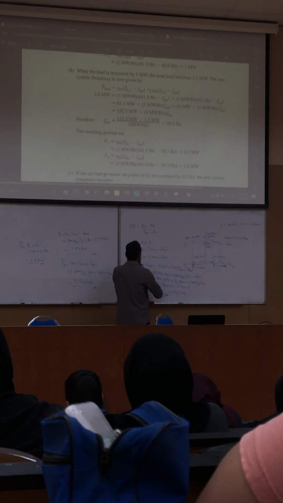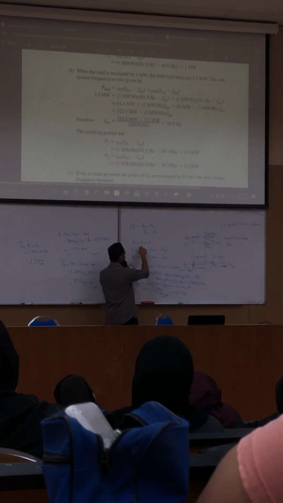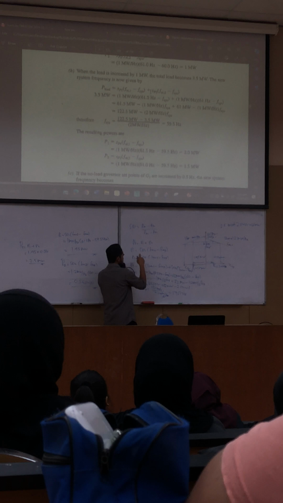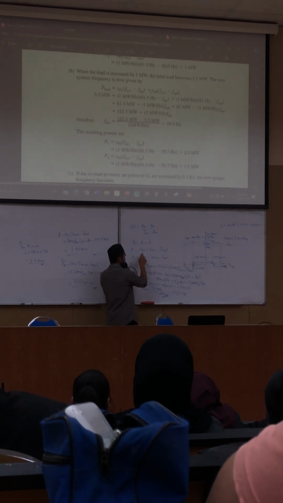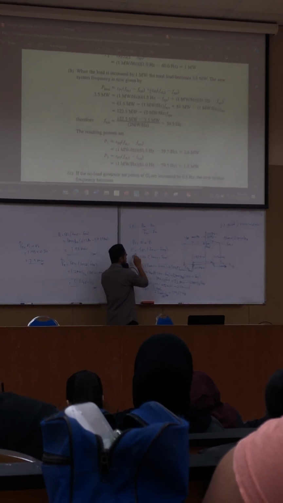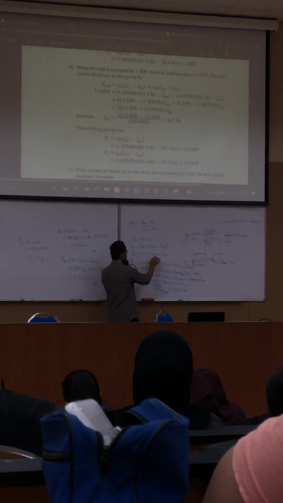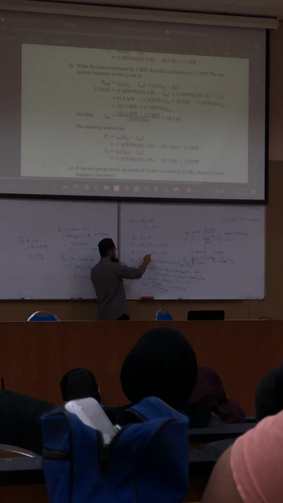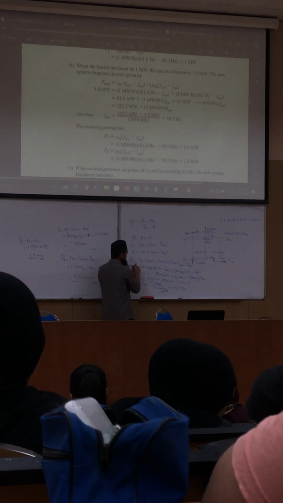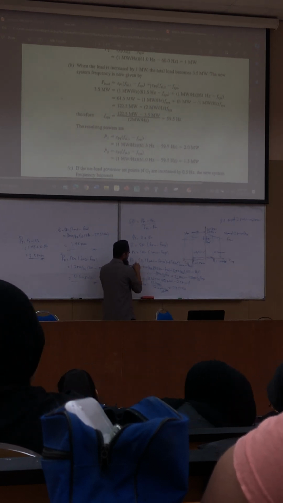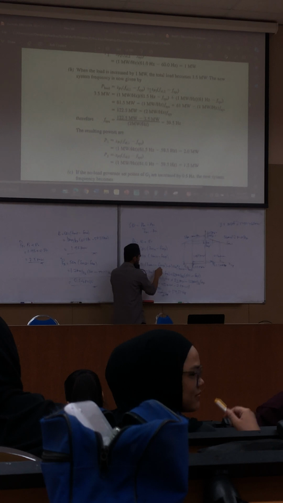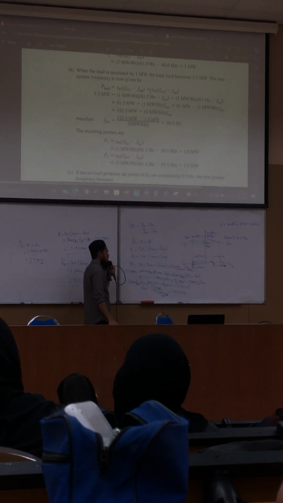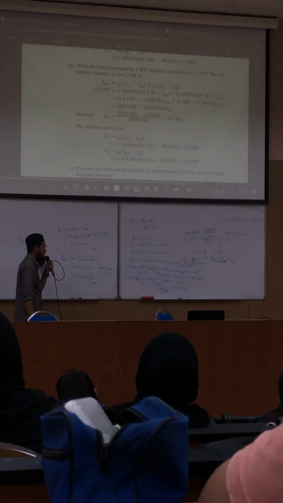Same, P total is P1 plus P2. P1 is the speed drop of your pattern, same again, multiplied by the initial frequency minus system frequency. So total power is equal to the addition of P1 and P2.